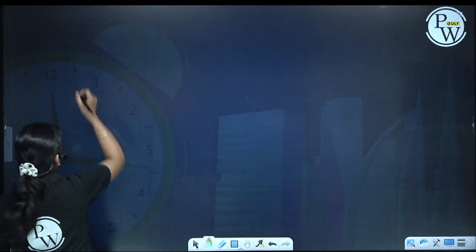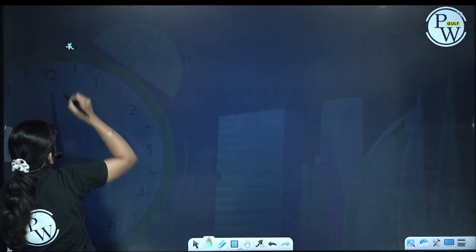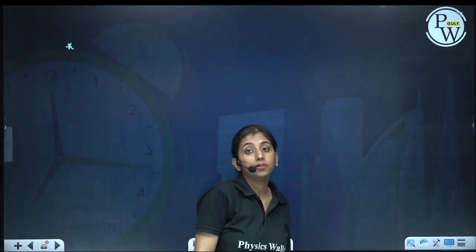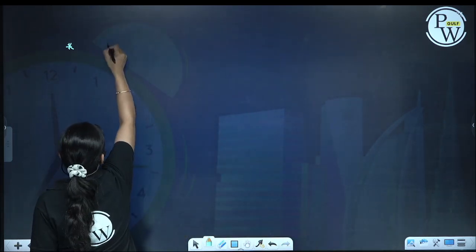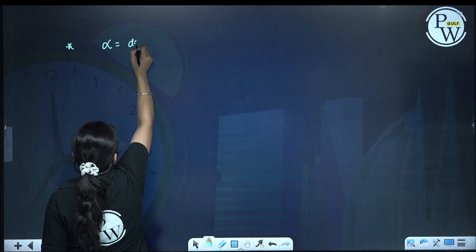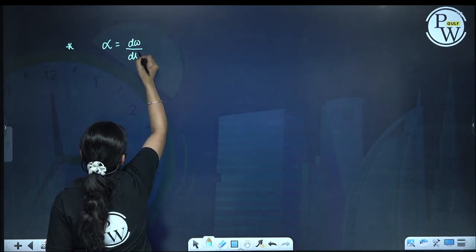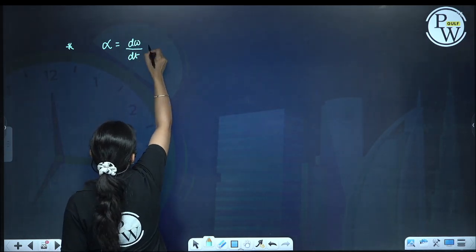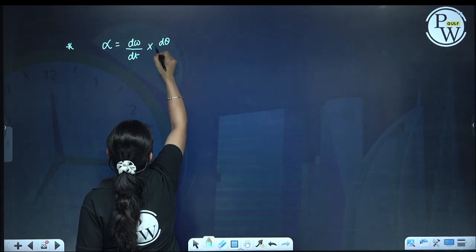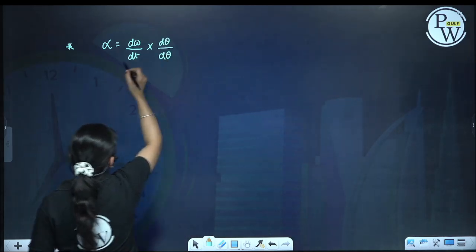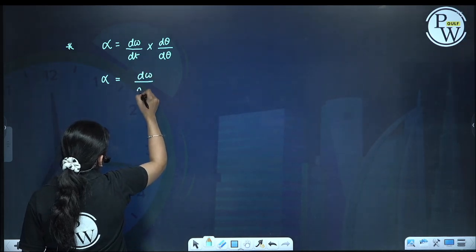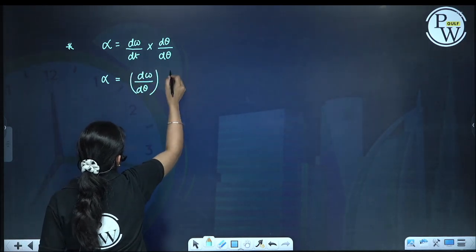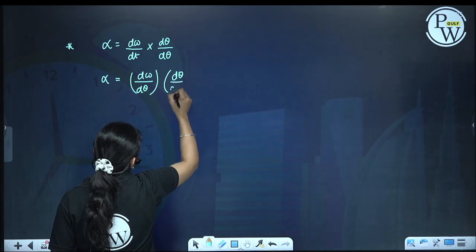And one more case: if we are not given the variation of omega with time, but are given the variation of omega with theta. Alpha is d omega by dt, so multiply and divide by d theta. This becomes d omega by d theta into d theta by dt.